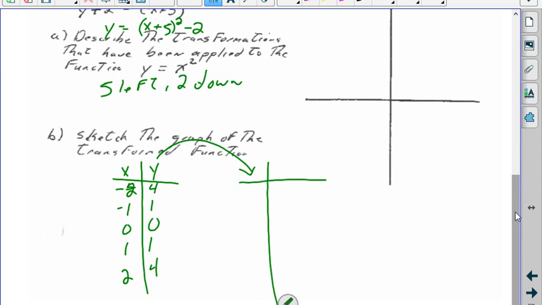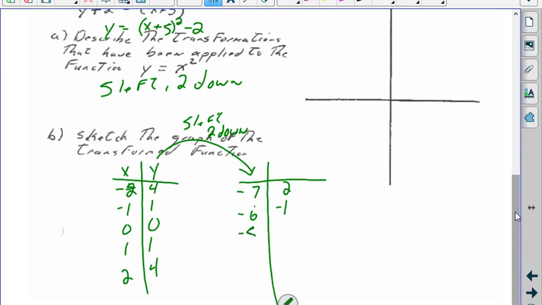The table of values. We went 5 left, 2 down. So 5 left of -2 is -7. 2 down from 4 is 2. 5 left of -1 is -6. And we are 2 down, so that's -1.